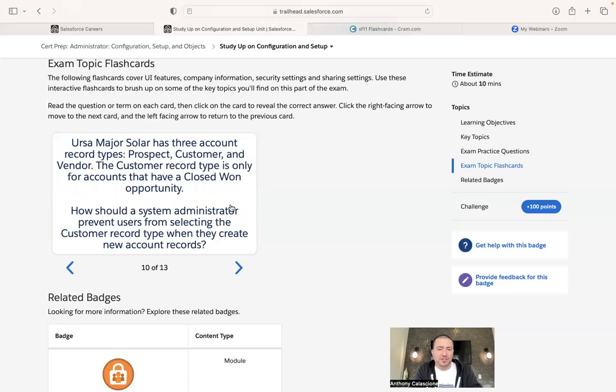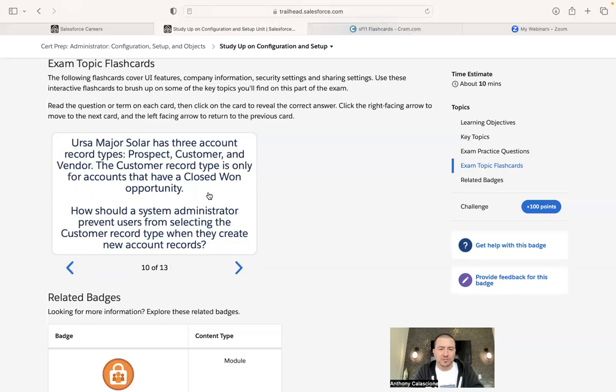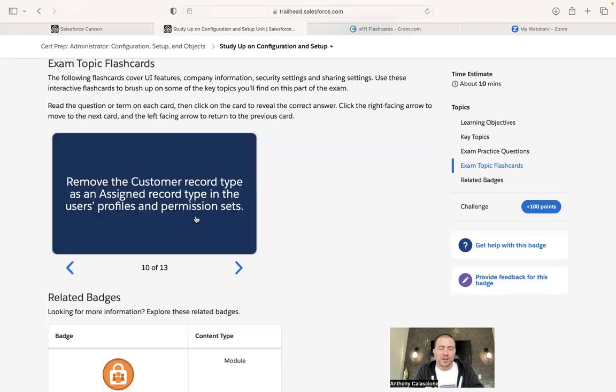The customer record type is only for accounts that have a closed won opportunity. How should a system administrator prevent users from selecting the customer record type when they create new account records? A system administrator cannot share a report folder. What is a possible reason? Oh, I didn't actually answer the question. Hold on. Remove the customer record type as an assigned record type in the user's profile and permission sets.